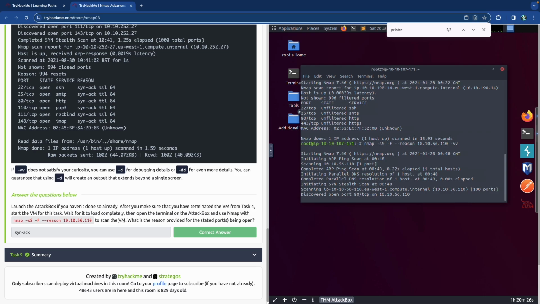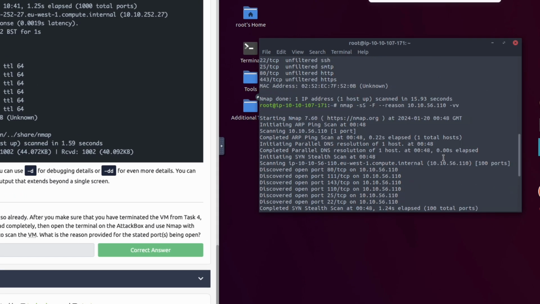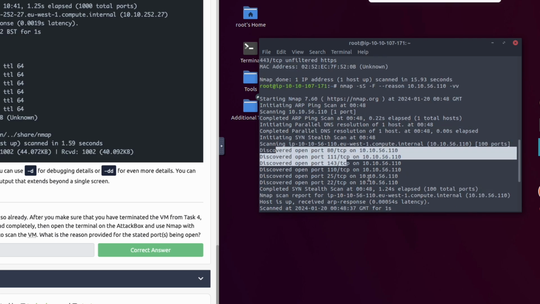And when I press enter, look, it starts showing you all of these things already, right? It shows you as it goes. It says, this is what I'm doing, and this is what's happening, and then discovered all of these things.